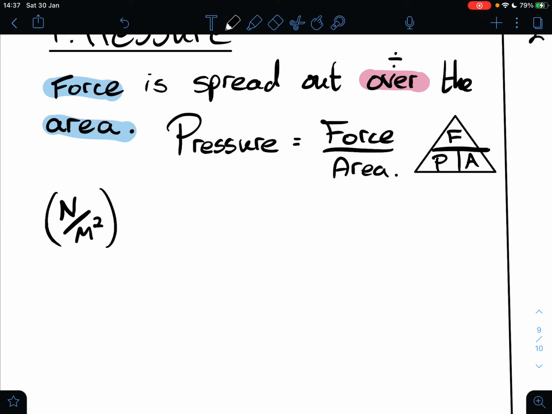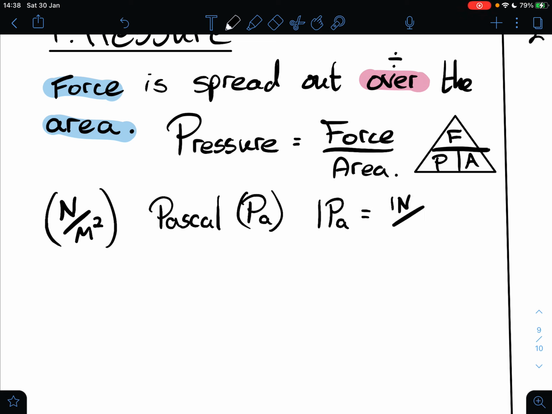However, a French scientist and mathematician a long time ago called Pascal, and maths classes are often named after scientists, so what you may see is it written as Pa. So 1 Pascal is equal to 1 Newton per meter squared.